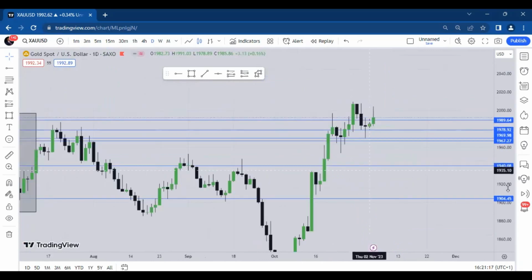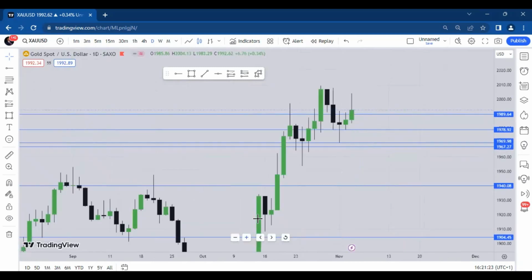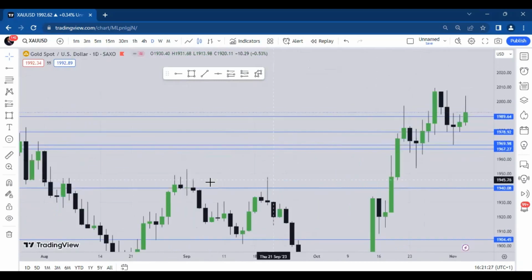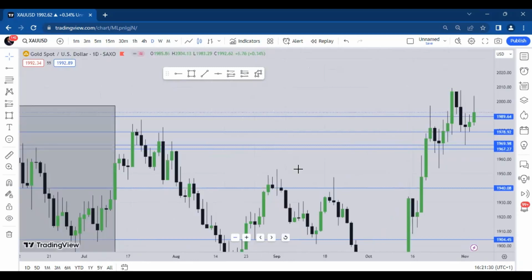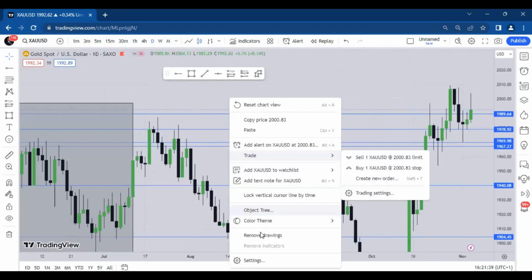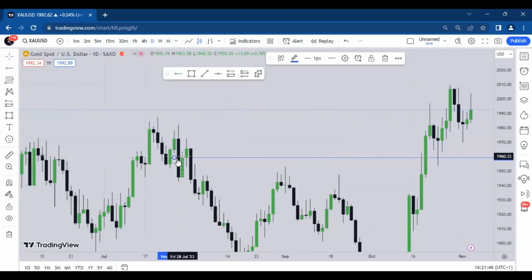Like for instance, if you look at some of the trades that I've been posting in the past 2 weeks, here, for instance, we had price come down here. This is a daily open and close support.